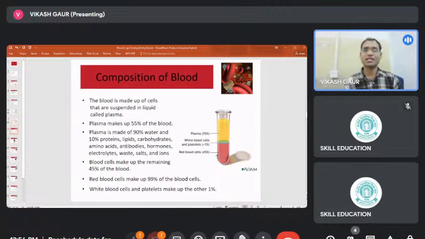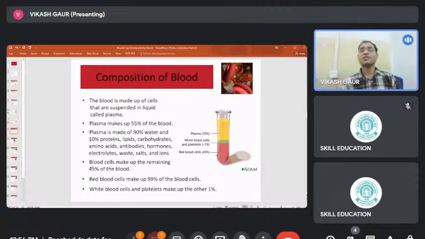Blood is made of cells suspended in a liquid called plasma. Plasma makes up 55% of human blood. Plasma is made of 90% water and 10% solutes, including protein, which we have already discussed, as well as lipids, carbohydrates, amino acids, antibodies, hormones, electrolytes, waste salts, and ions.